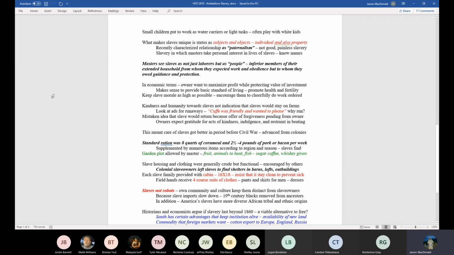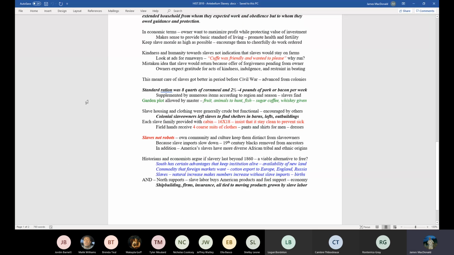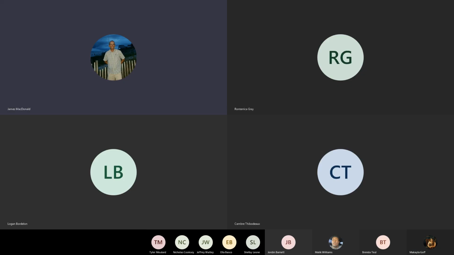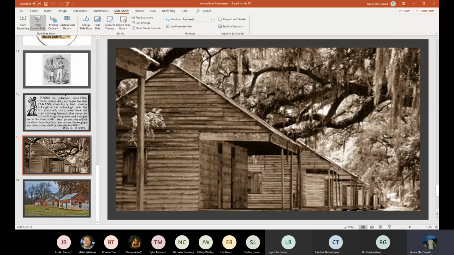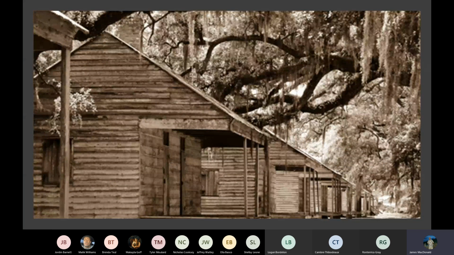Slaves' housing and clothing were generally crude but functional. Slave owners in colonial times, well, they basically found shelter in barns and lofts and outbuildings. Later on, it changed. It changed because those who were on larger farms and holdings actually began to build slave cabins. The surviving ones we can see in one instance, a 16 by 18 cabin.